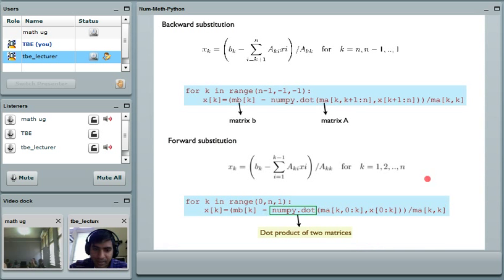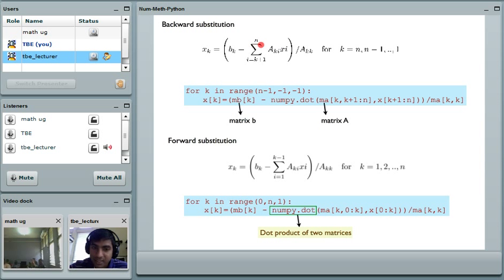All these things can be written in a very compact form like this, where this is xk. Now let's look at this equation very carefully. Let's say we are doing x3 in our previous example. You can see that x3 is nothing but b3 minus the summation from 4 to n, but your n maximum is 3.